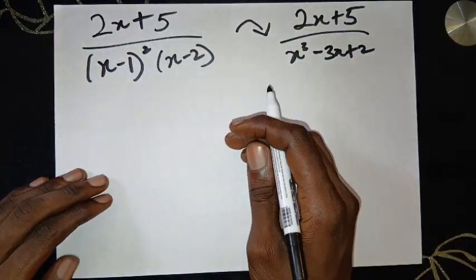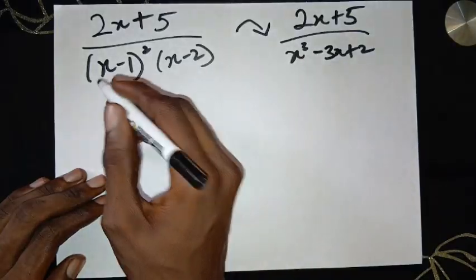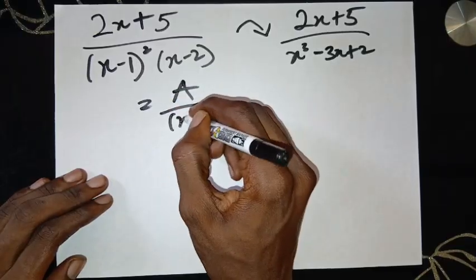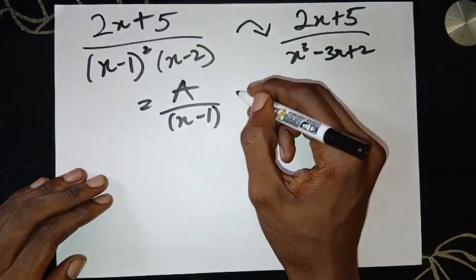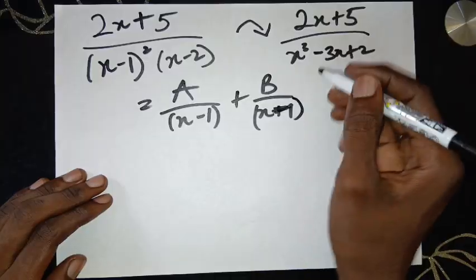Now, in the previous video we did something like this: A over x minus 2 plus B over x minus 1.